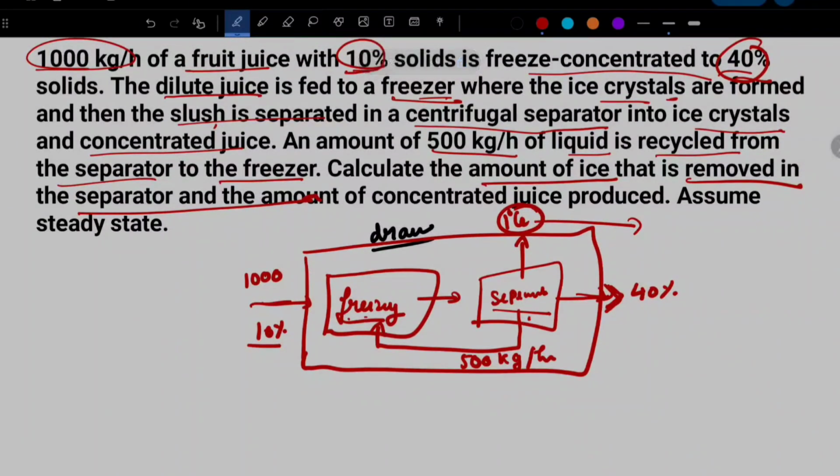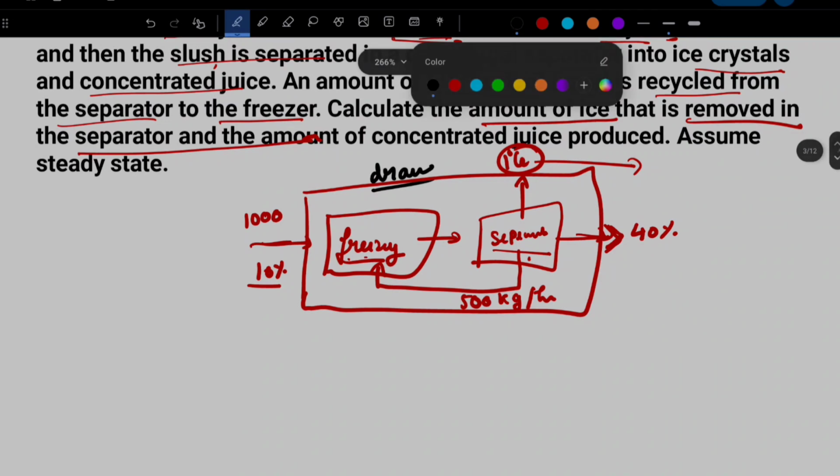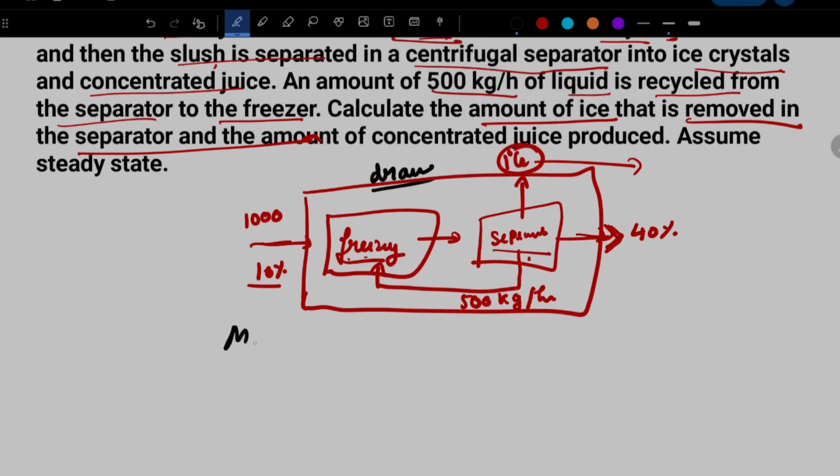This question is very simple because they have given extra information about recycling. This information is not needed. Why? Basically, it's a simple step. Let's do the mass balance first, then you will understand. In this mass balance, the inlet is 1,000.